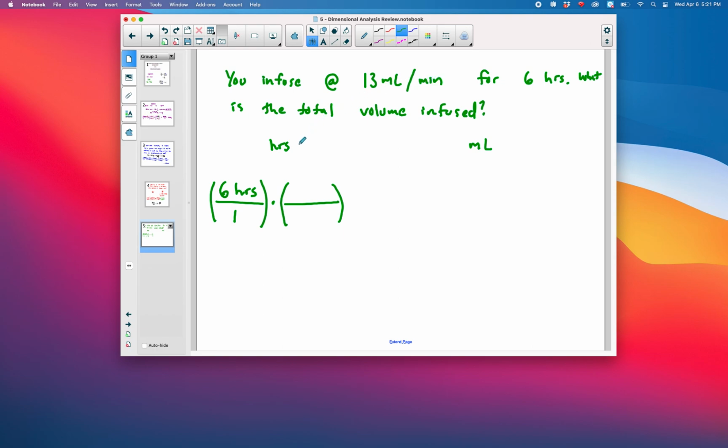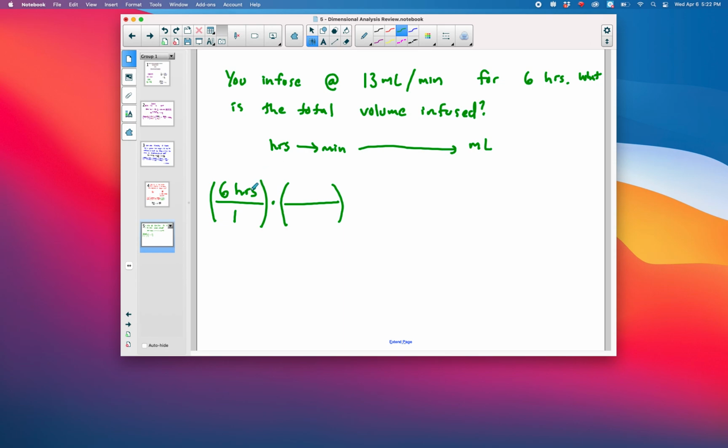So if I can get my units into minutes, then I will be able to do the conversion that I need. So I'm going to first convert hours into minutes, since I know how many minutes are in an hour. Then I can convert minutes directly into milliliters, because I know how fast it's dropping.